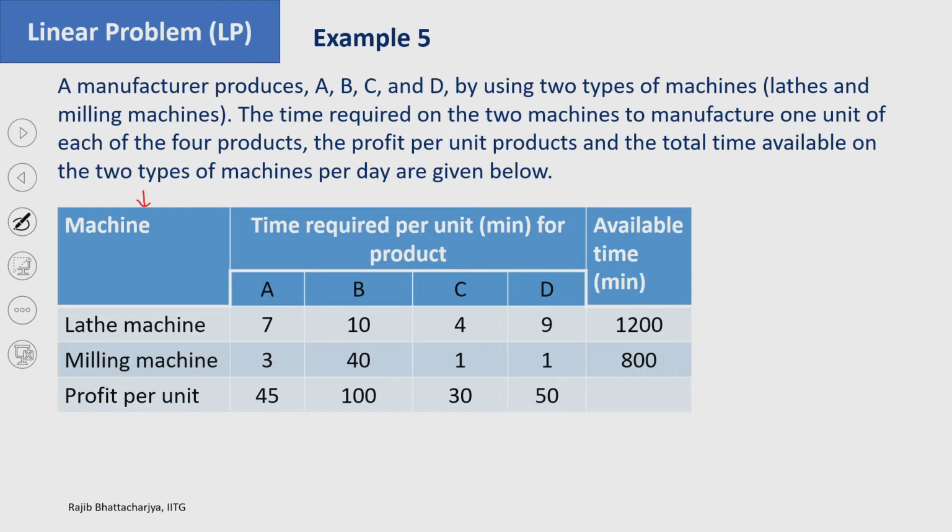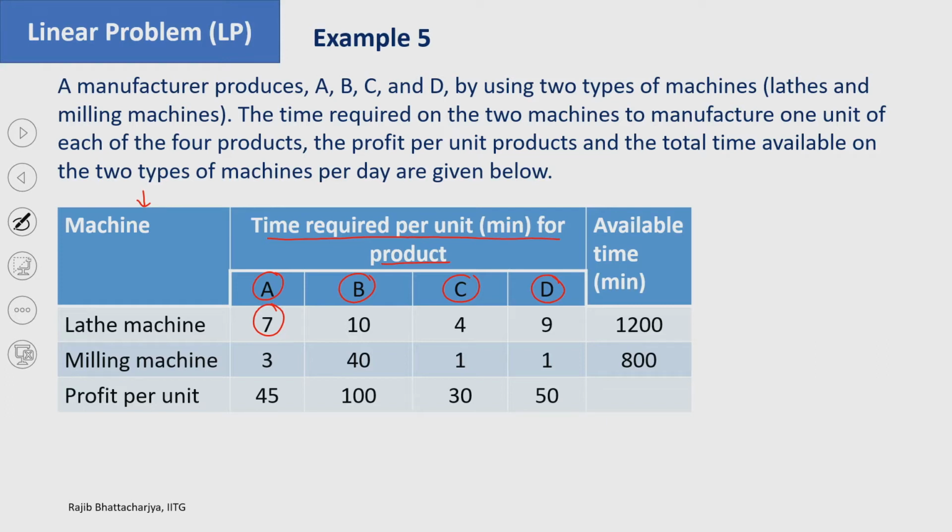The table has given the data. There are 4 products, as you know, A, B, C and D. If we produce these products on the lathe machine, then the time required per unit, in minutes, for product A is 7 minutes. That means one product will take around 7 minutes in the lathe machine.